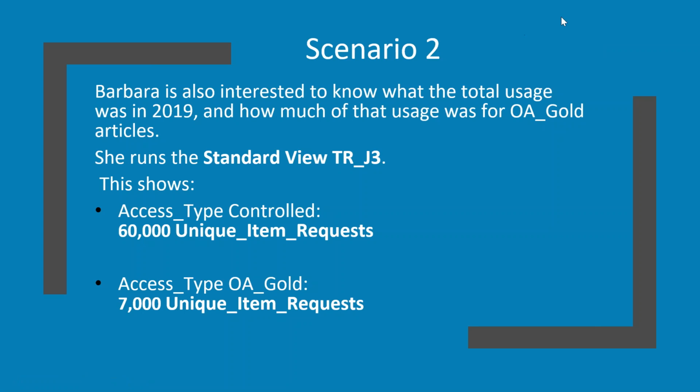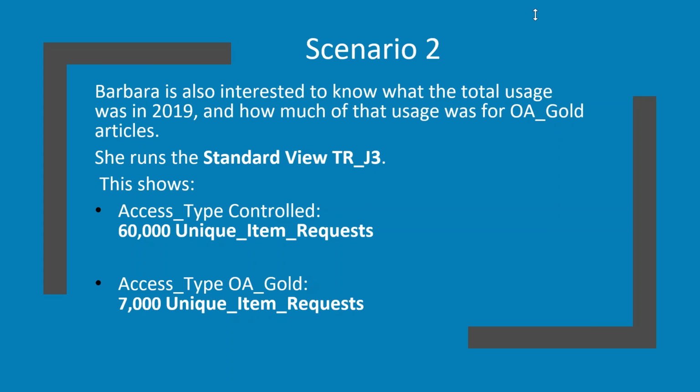And in this case, she takes the standard view, the TRJ3. She could also, if she wanted to, take the master report, because both of those reports show both types of access. And here, as you can see in these little calculations, she has already got the access type controlled.